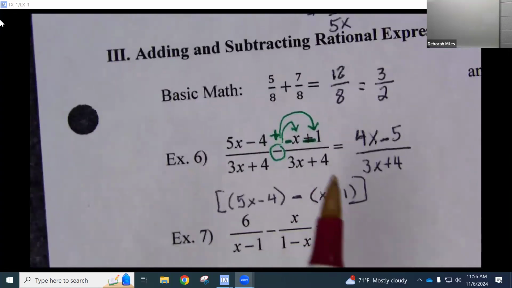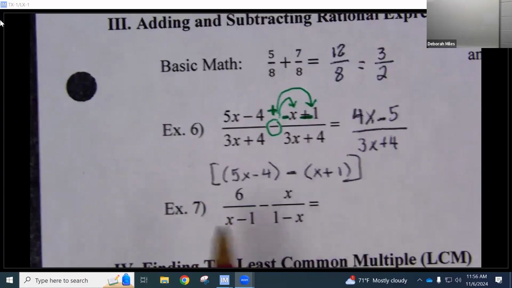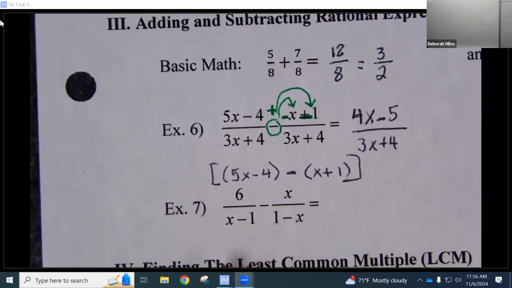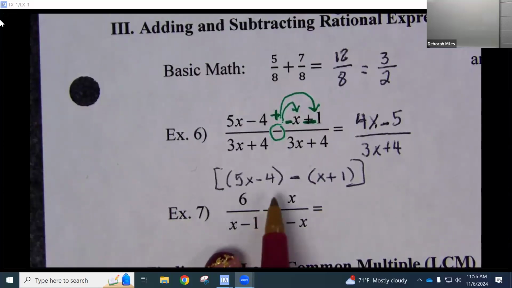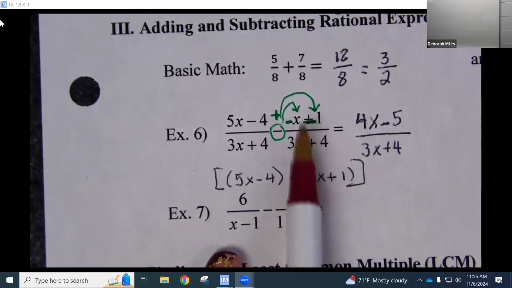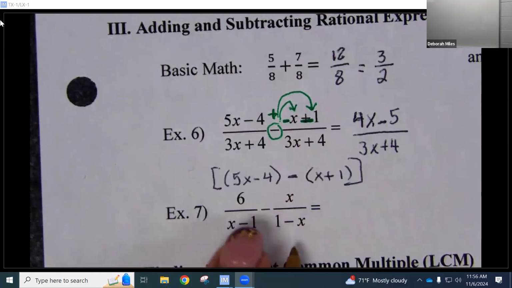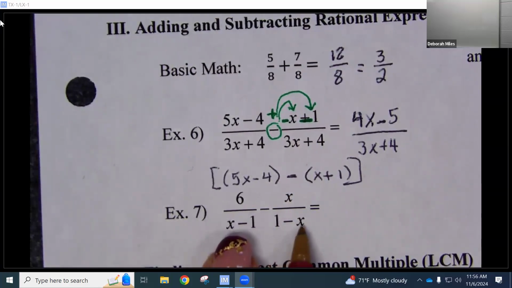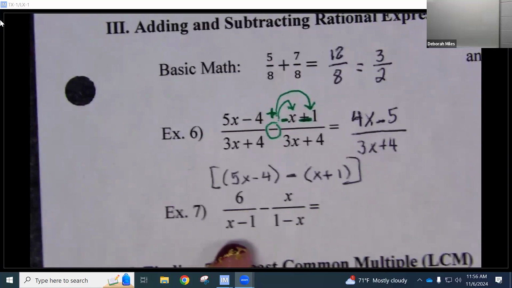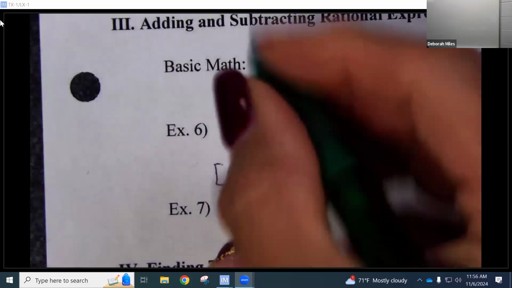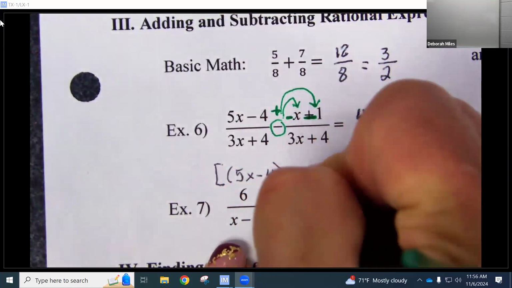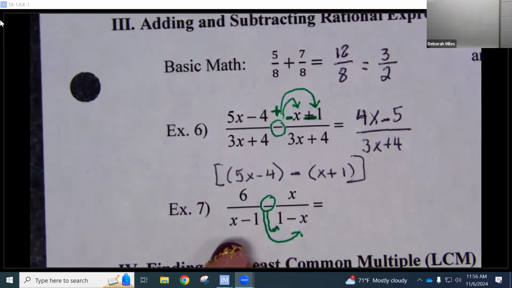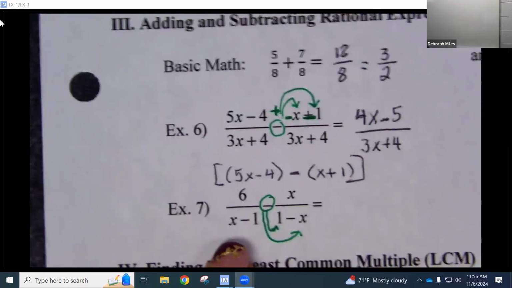Okay. Then number 7 would be the other 1 out of 100 times, because I could change this to addition and put the negative in the numerator, just like I did example 6, but then my denominators wouldn't be the same. I can choose to put that negative distributed through the denominator instead of the numerator, and then my denominators will be the same.